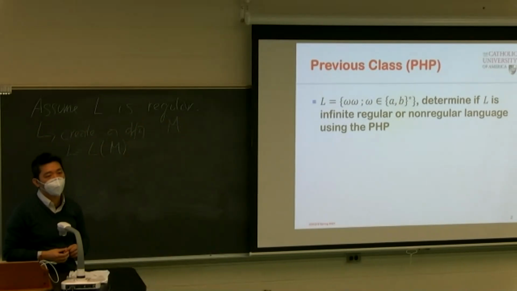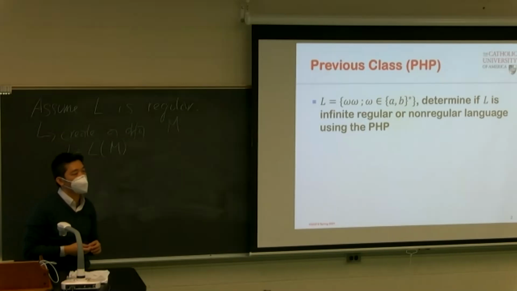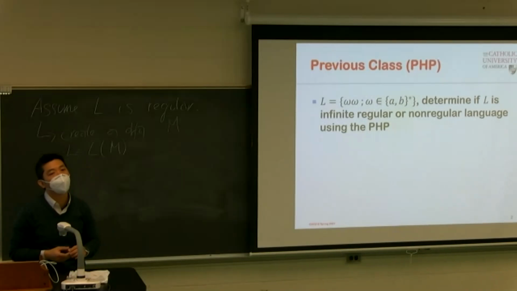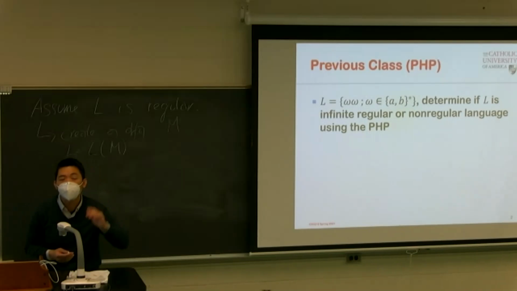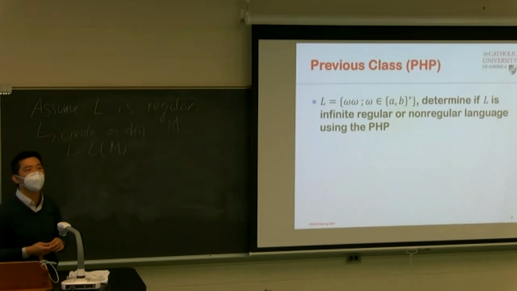Okay, so now what? Do we need to construct a DFA? How come? What is the problem? Consider the properties of the DFA.